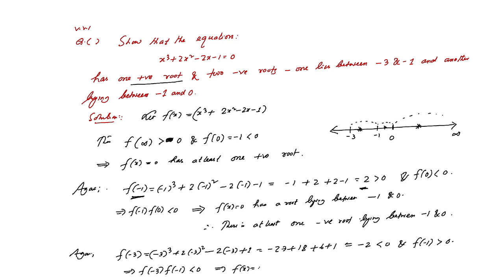That means f(x) equals 0 has at least one root lying between -3 and -1. So therefore, there is at least one negative root lying between -3 and -1.